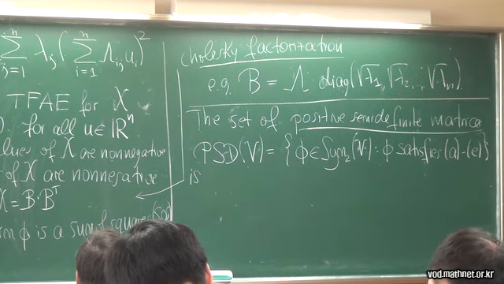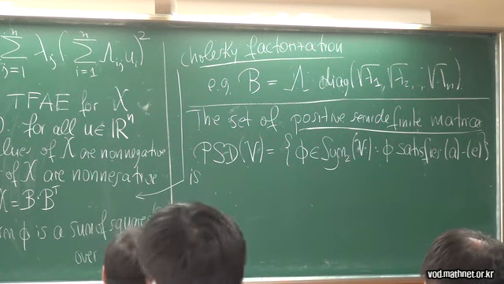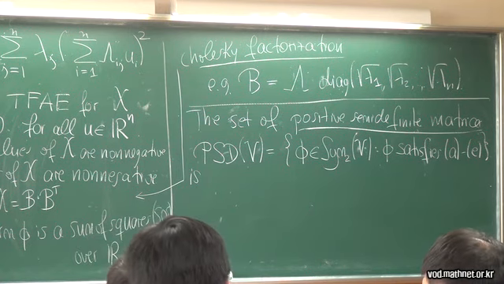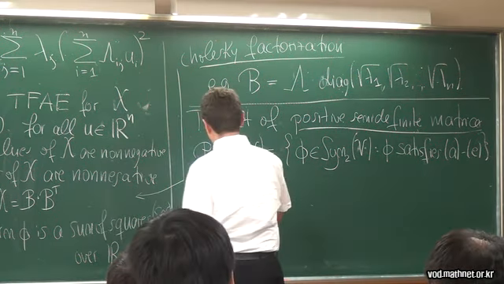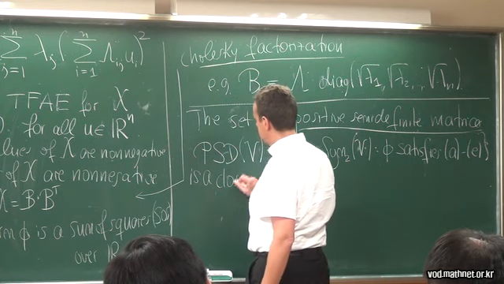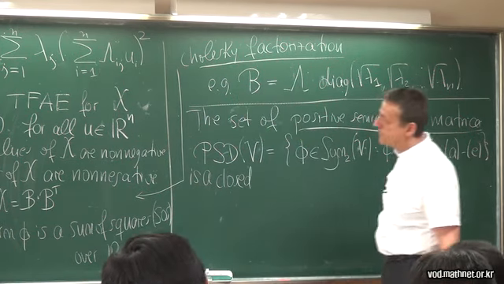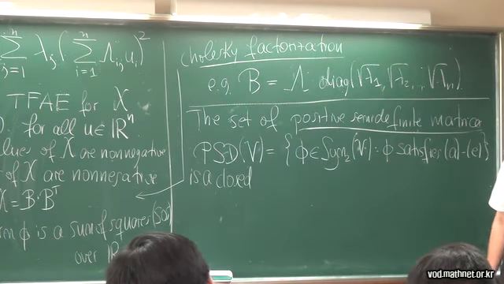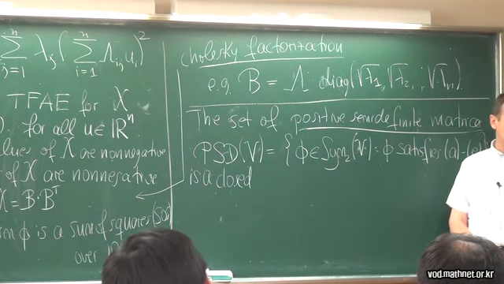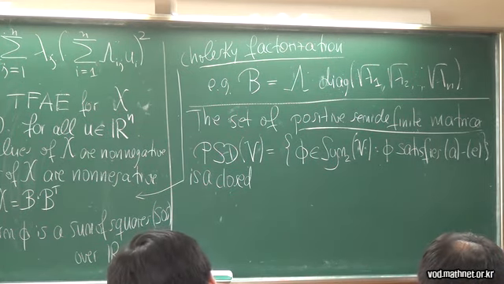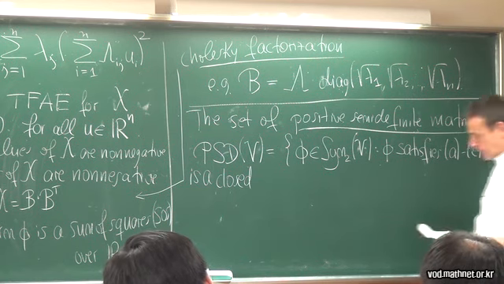Okay. So now we're talking about the set of n by n matrices that satisfies this, and this set has a number of structures, all of which are very important. Namely, it's closed. It's a closed subset of the space of symmetric matrices. The space of symmetric matrices, this Sym 2 V, is a real vector space of dimension n plus 1 choose 2, and this is a closed condition.